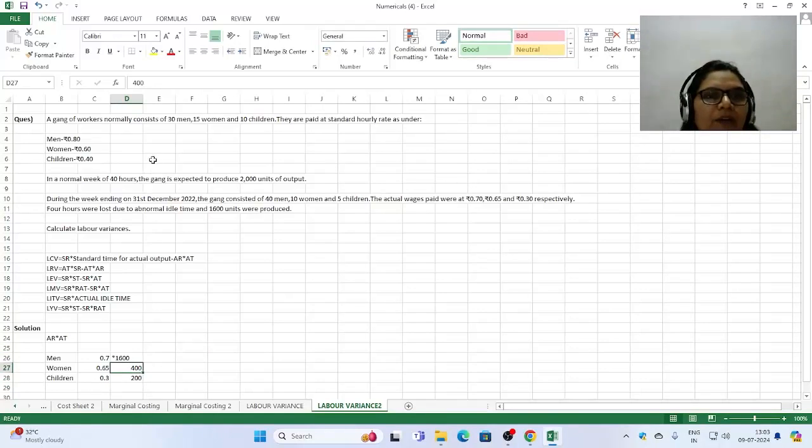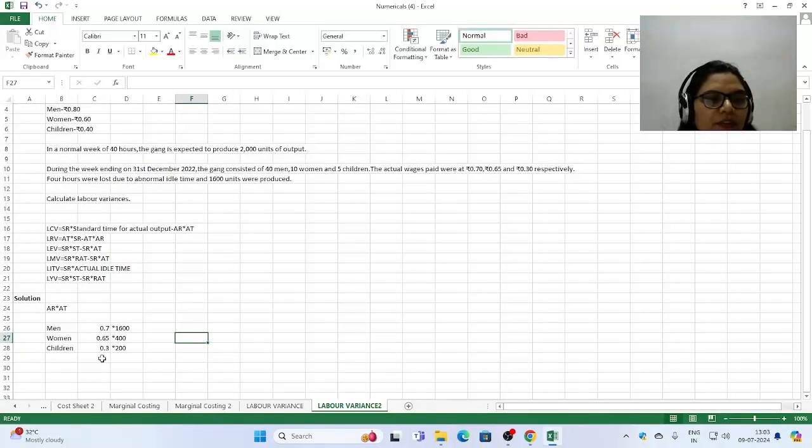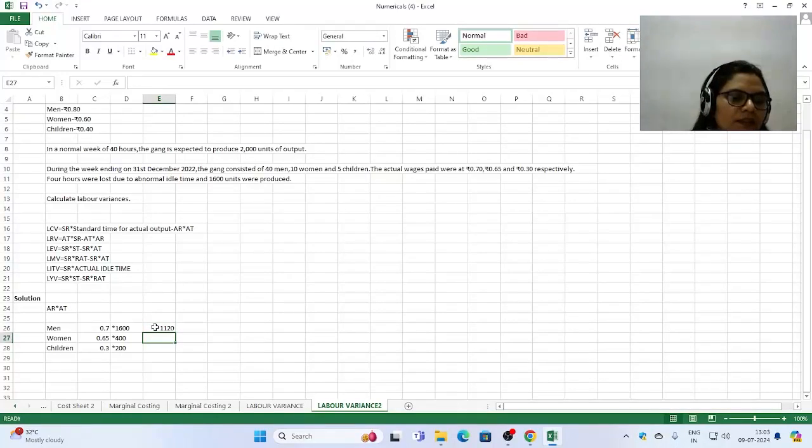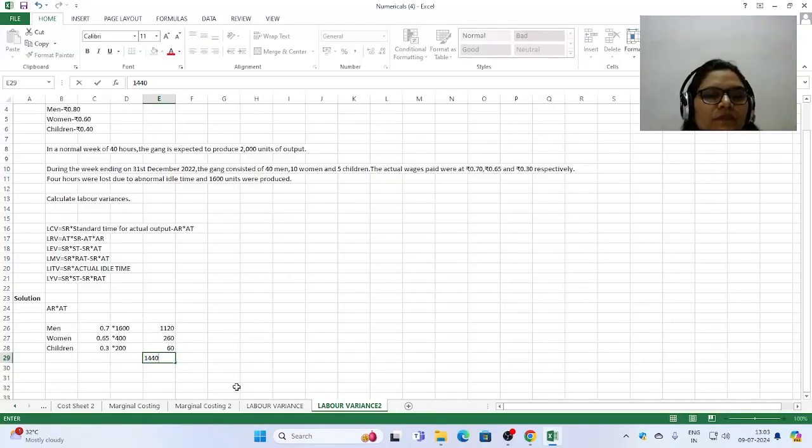So we will multiply all these values we have input. The total is 1120, 260 plus 60. It will give you 1440. So this will be your actual output.